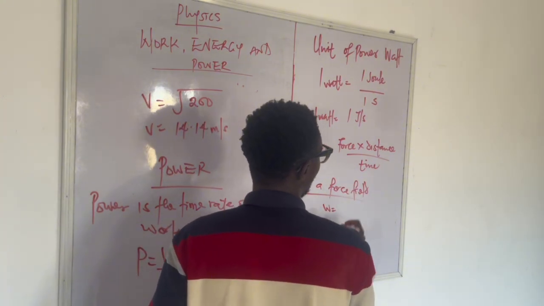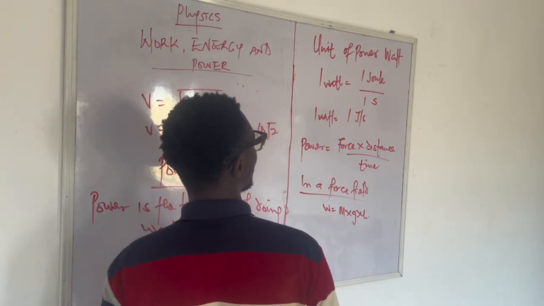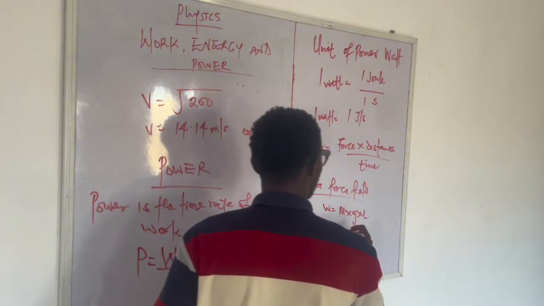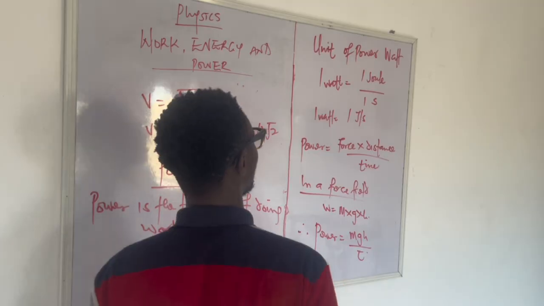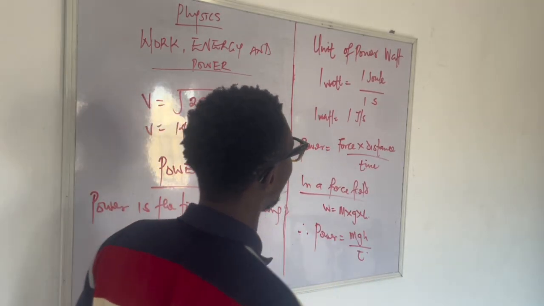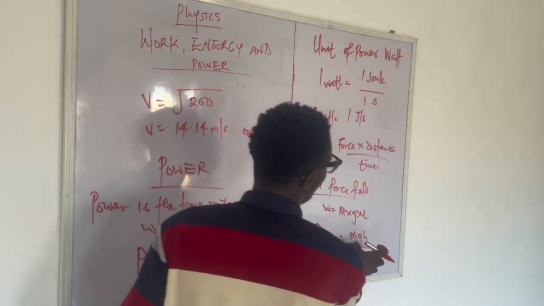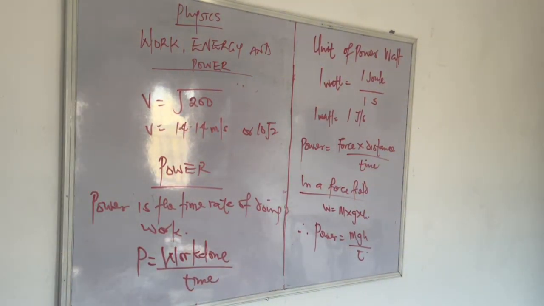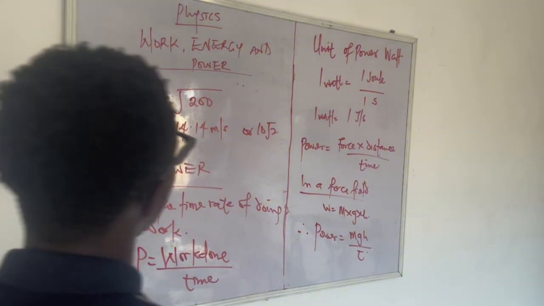Work done in a force field is mgh. So power in a force field will be equal to mgh over time, which is work done over time. This is the power in a force field.